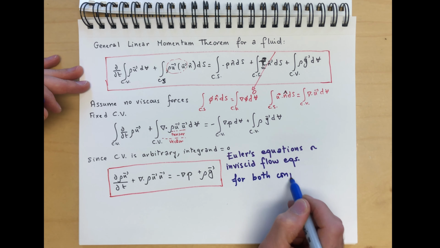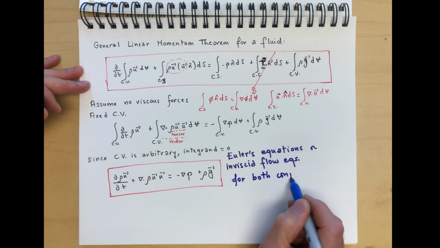Now, I want to pay some attention to this term, and there are two ways that I like to think about this. One of them is really easy, and I highly recommend it. The other one can get a little bit nasty, but let's spell out these equations. Again, they're vector equations, so in Cartesian coordinates, write them again.